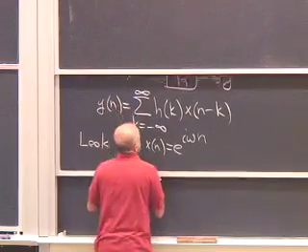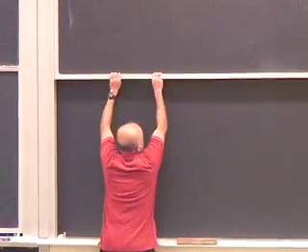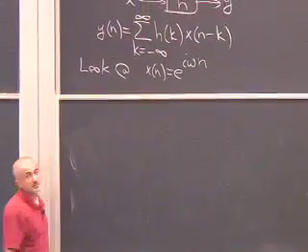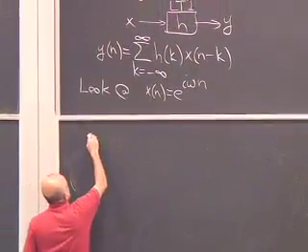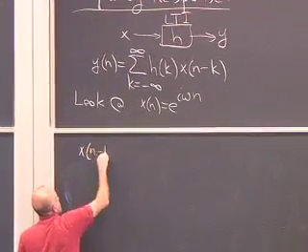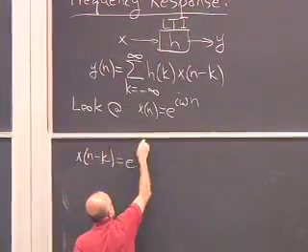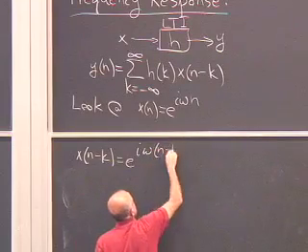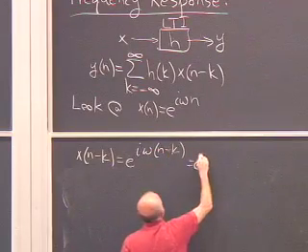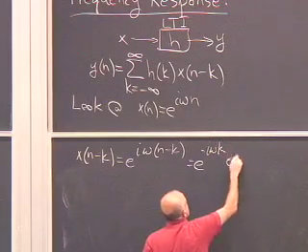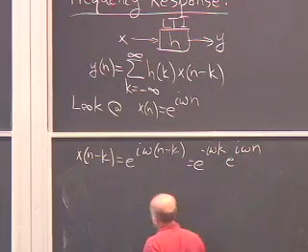When we did this, and we plugged it into the convolution equation, well, in the convolution equation, we need x of n minus k. So wherever I see an n, I replace it with n minus k. And I can write this as e to the I omega minus I omega k, e to the I omega n.